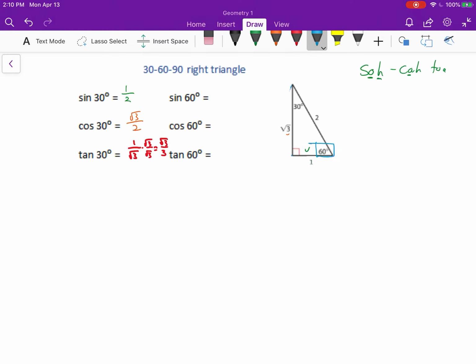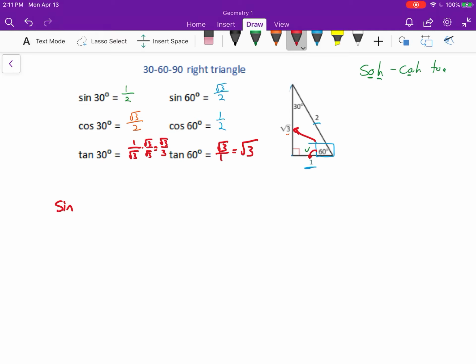And sine of 60. So now we're looking at the 60-degree angle, opposite over hypotenuse, so root 3 over hypotenuse, which is 2. Cosine is adjacent over hypotenuse, so 1 over 2. And then tangent is opposite over adjacent, which is just root 3.